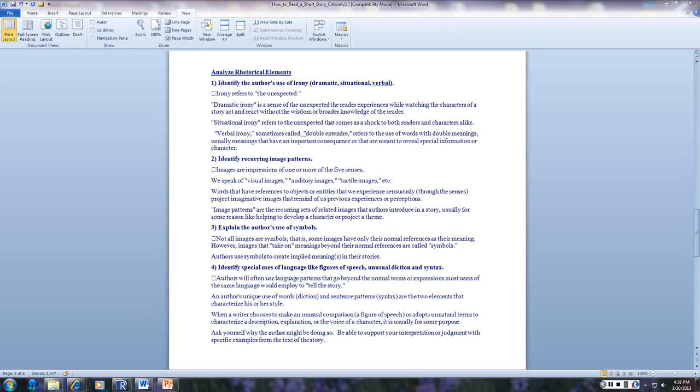That means we get to see what happens that the character doesn't expect. In situational irony, there is the unexpected for both the character and for us as the reader.